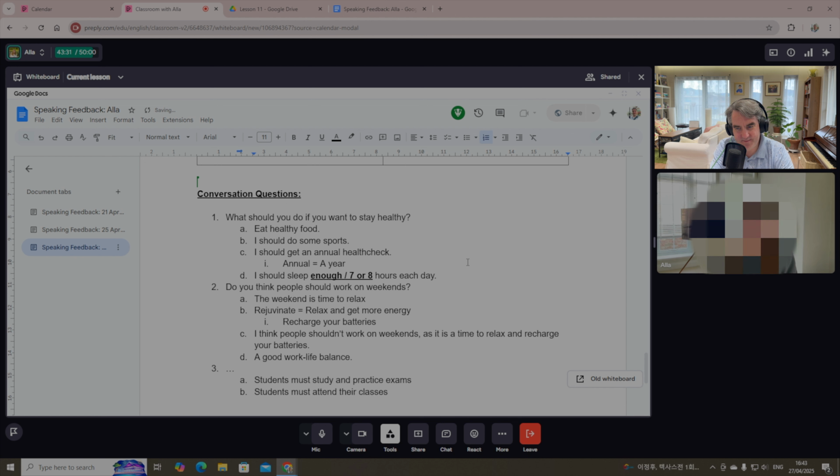Attend is like to be at their class. And if students want to pass the exam, what should they do the night before? Students must sleep. What should they do? If students have an exam the next day, what should they do the day before?